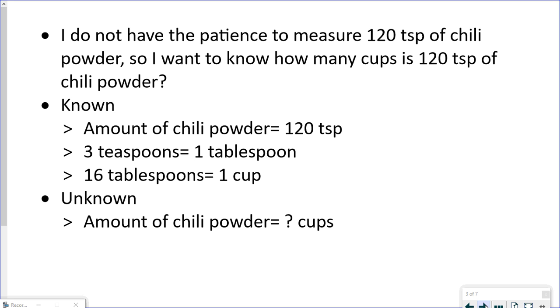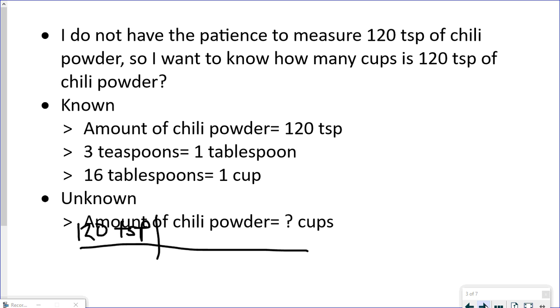This one is going to be a little bit more work because we have multiple conversions that we're dealing with. But regardless, you're always going to start with what's given. So we know we need 120 teaspoons of chili powder. Now, the conversion that I know, so I need to get rid of teaspoons because teaspoons is not my answer.